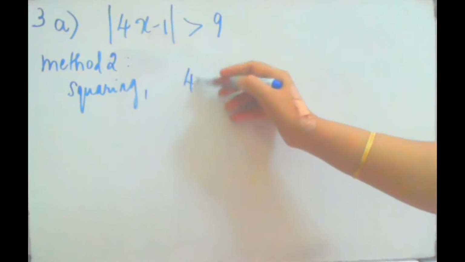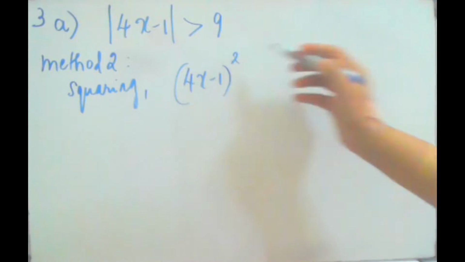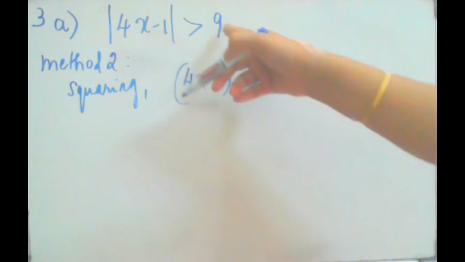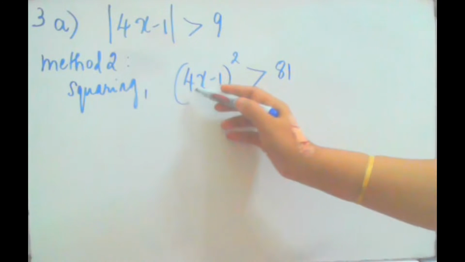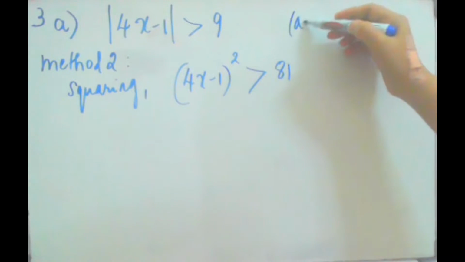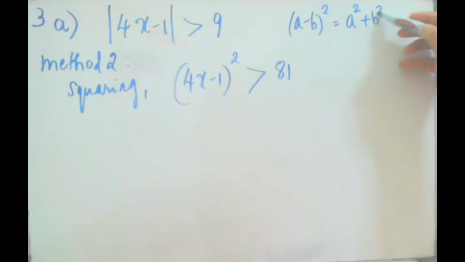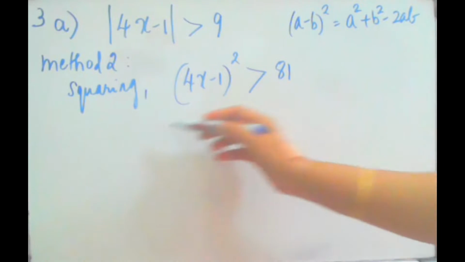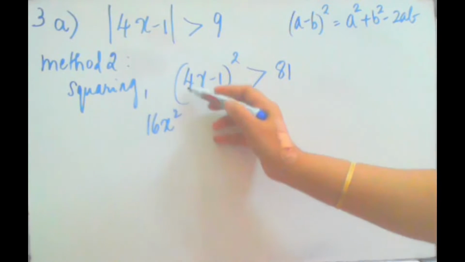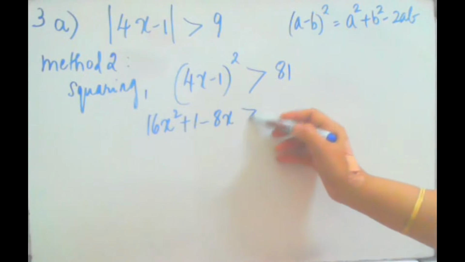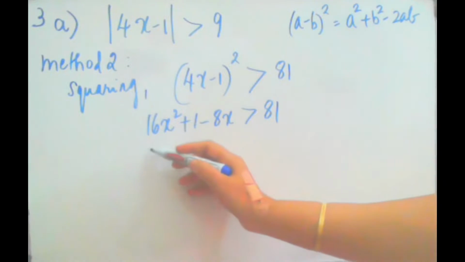So what do we get? (4x minus 1) whole square is greater than 81, squaring 9. So we will expand this with the algebraic identity (a minus b) whole square, which is a square plus b square minus 2ab. a square, 4x square, plus b square, minus 2 into a into b, is greater than 81.